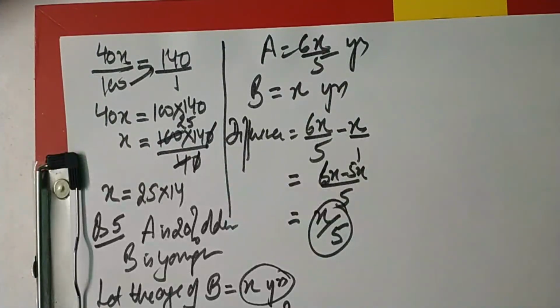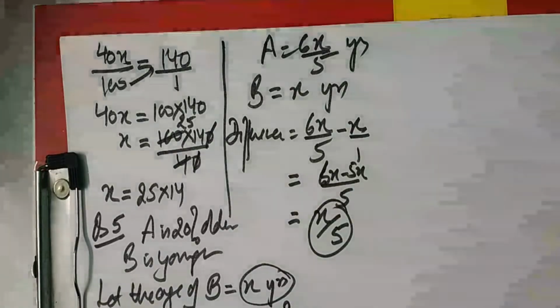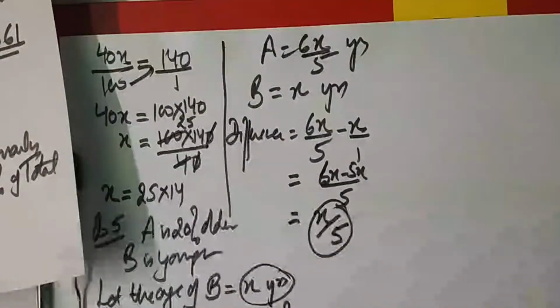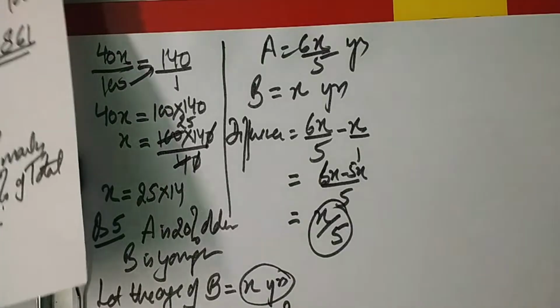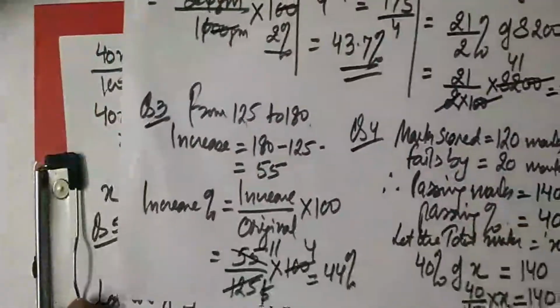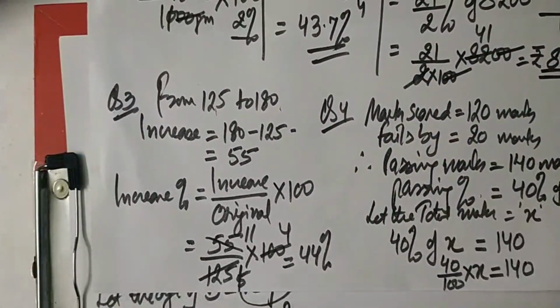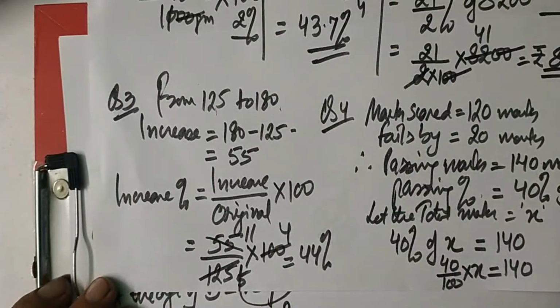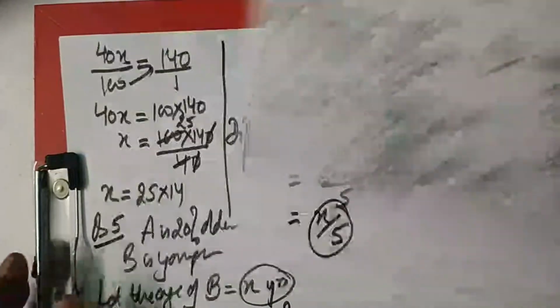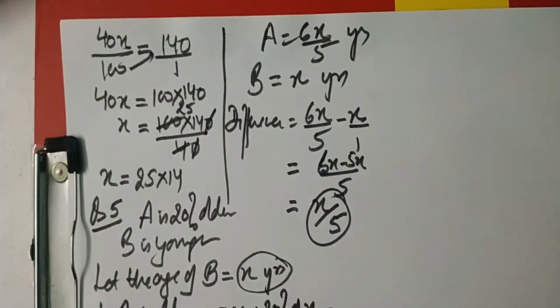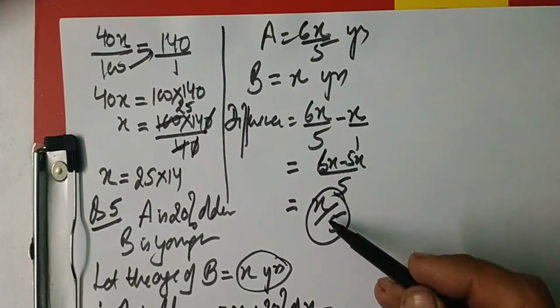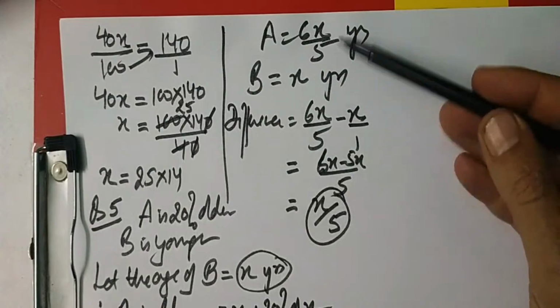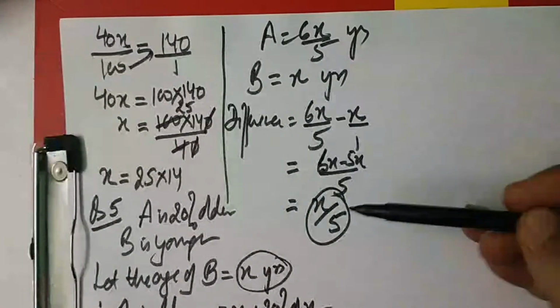The question becomes the same as the percentage one which we did. Increase upon original is the same thing which we did just now. So increase upon original, and here you will write younger upon original. This is the difference between the age of A and B. So how much is the difference in percent?